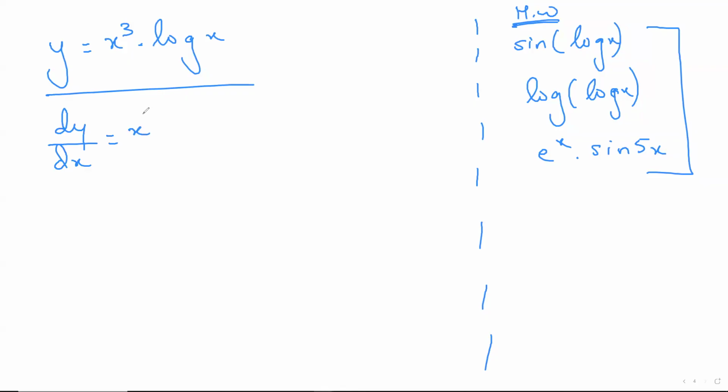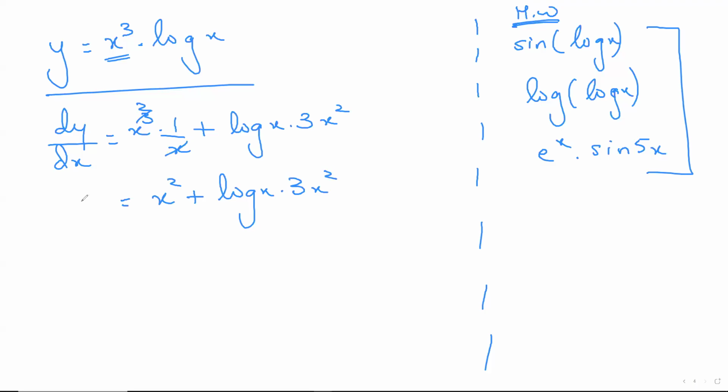First term as it is, dot differentiation of second term, differentiation of log x with respect to x is 1 by x, plus second term as it is, log x, dot differentiation of x cube is 3x square. It's cancelled. x square plus log x into 3x square is your answer.